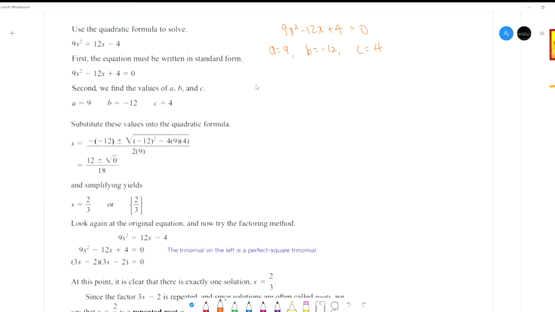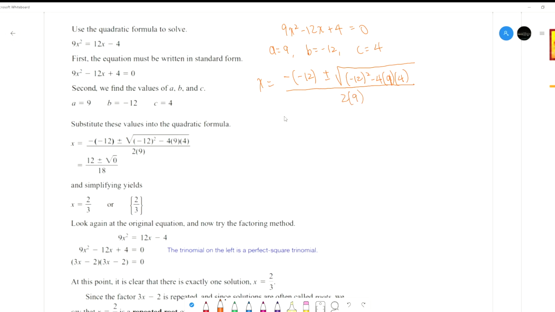So I can plug this into the quadratic formula. So x is equal to negative b plus or minus the square root of b squared minus 4ac, over 2 times a.